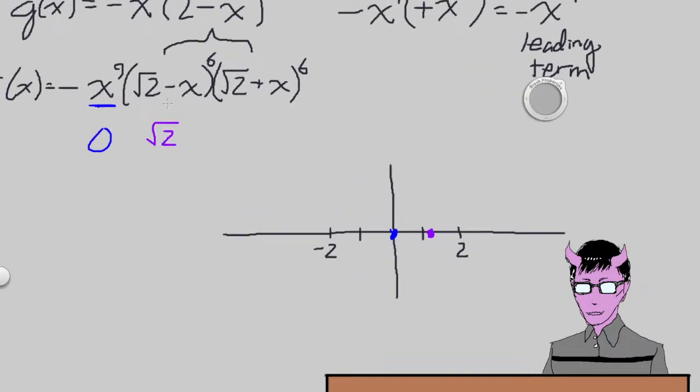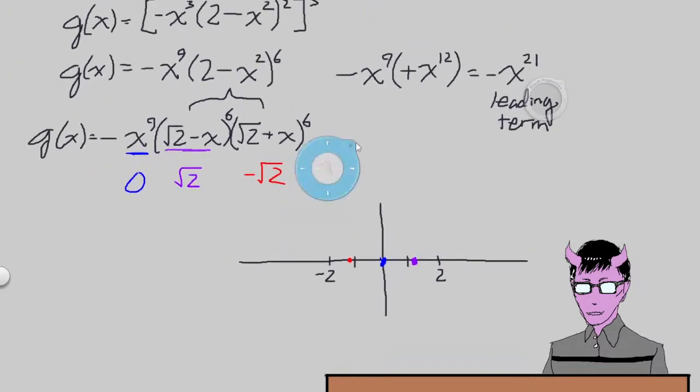Okay. So the 0 of this one is root 2, and the 0 for that one is negative root 2. So again, that's like negative 1.2-ish, a little bit past negative 1, so like right here-ish. Alright, so we have the 3 unique zeros. Each of those is multiplicity 6. This is multiplicity 9.